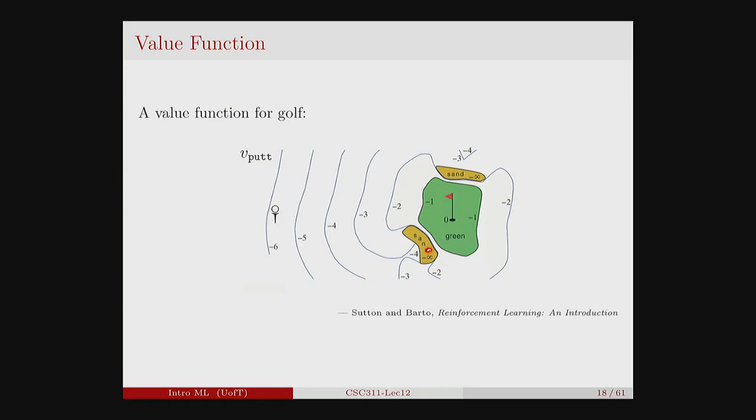If you're in the sand, you might have a value function of -infinity, depicting a very undesirable state, because you might not be able to get the ball out of the sand. And there's no way to go from the sand to the hole itself, at least in the context of this golf game. And so as we go further and further away from the hole, you can see the level sets of the value function now in this continuous space.